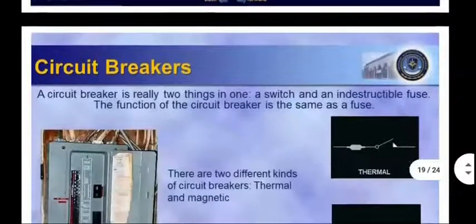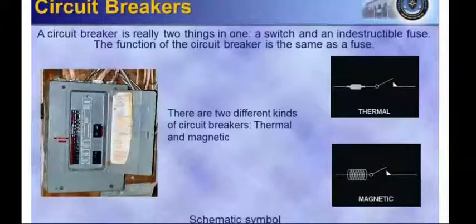Circuit breaker. It is in fact slightly more complicated than a switch or fuse. It is kind of a combo of the two. It's a switch and a fuse that is not permanently destroyed.